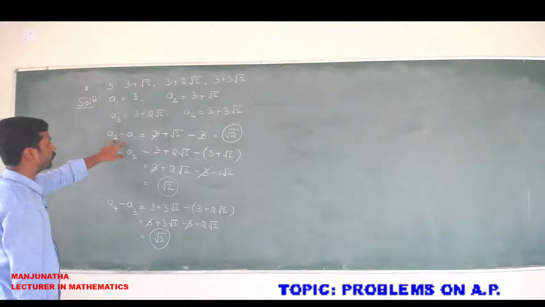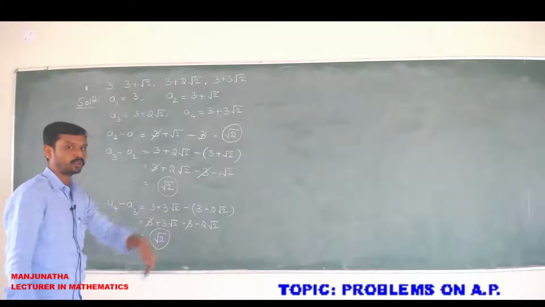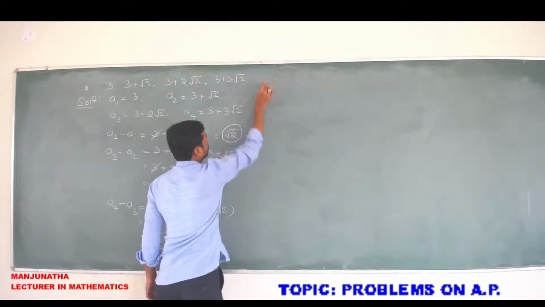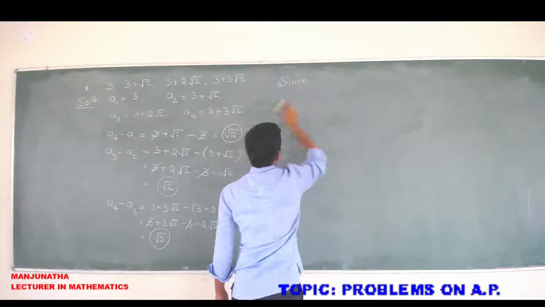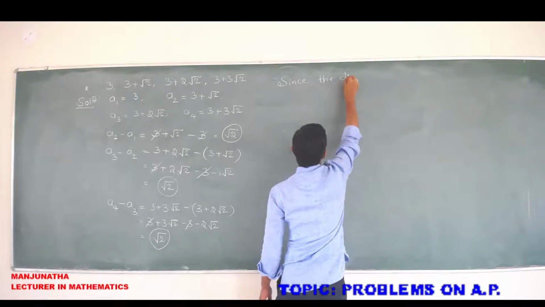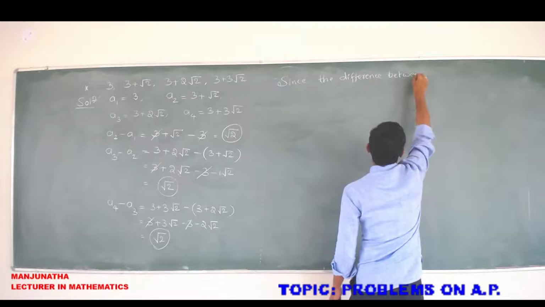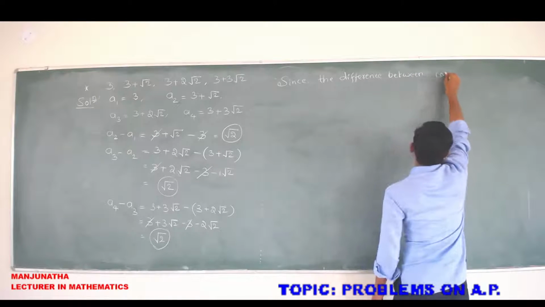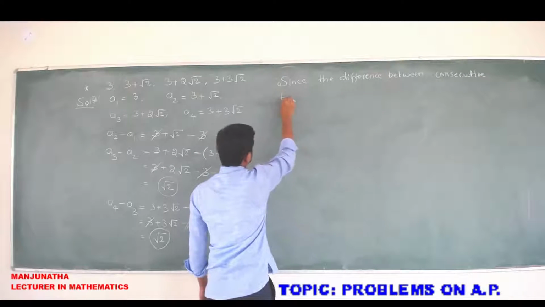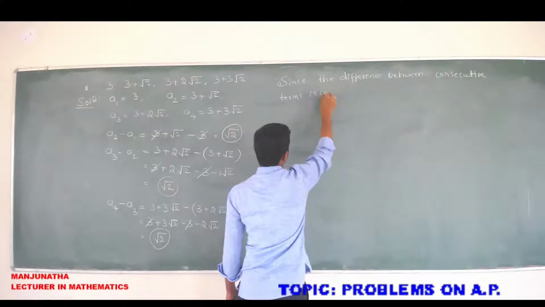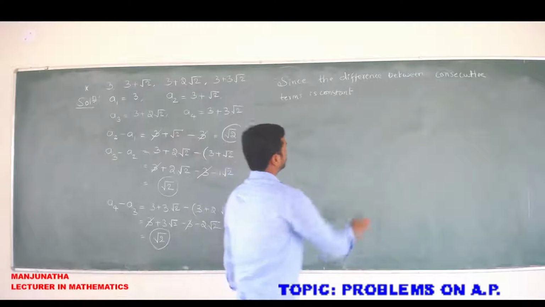So the difference between the first 2 consecutive terms is also root 2, and the difference between the next 2 consecutive terms is also root 2. Therefore, since the difference between consecutive terms is constant, what is that difference?